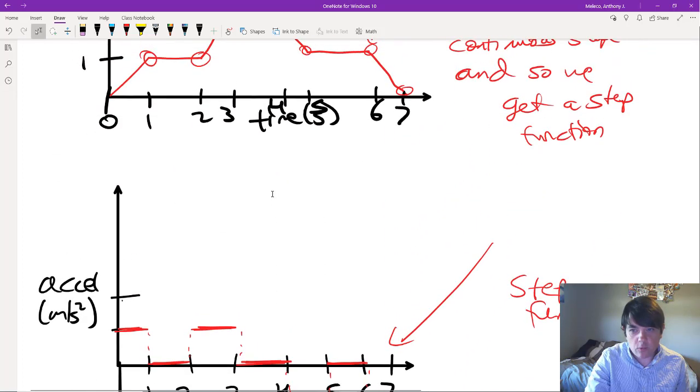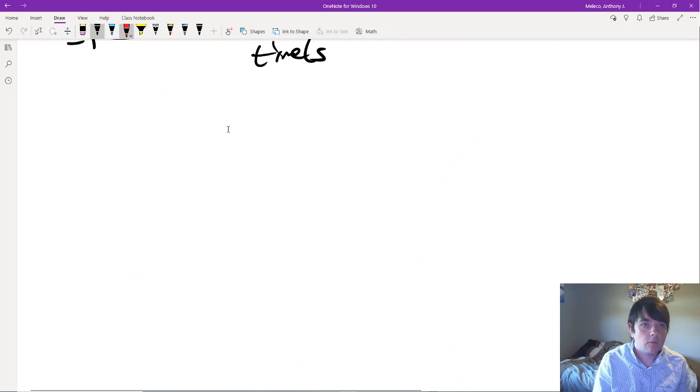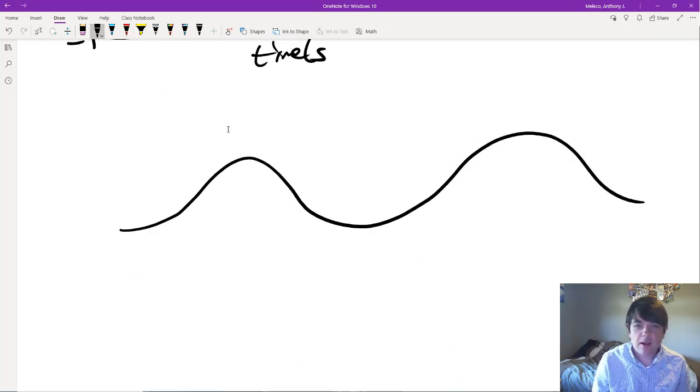So you must be wondering, if I want a continuous line, then you would need a smooth function like this. And this is how we get what's known as calculus, where to get the slope of this line, you have to continuously zoom in. That's what calculus is for, to get the slope of this line at a very small time interval.